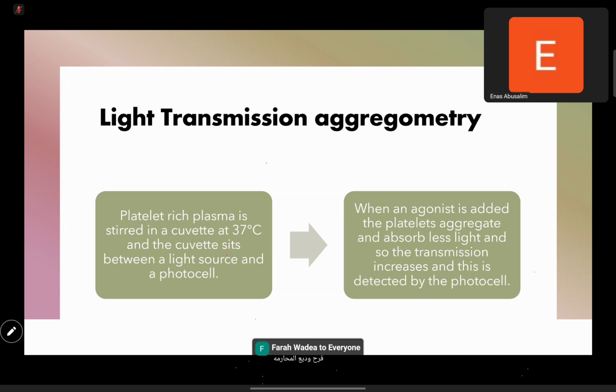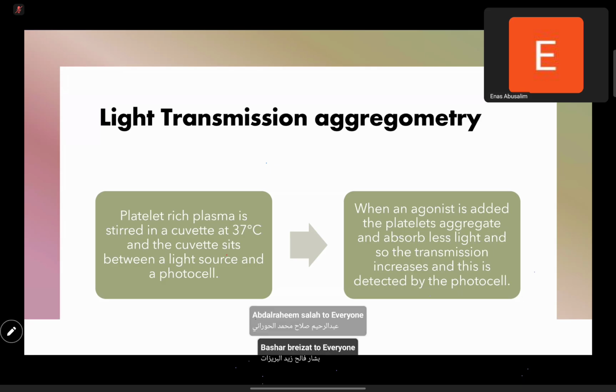If platelet aggregation happens, the platelets will all clump up into one single clump. So what's left is the plasma that doesn't have any platelets in it, so it will become see-through. In that case, we generate a light source, and at the back of the tube, there's a photocell. If light is transmitted through the tube, it will form a waveform on the light cell, and you can actually see it.